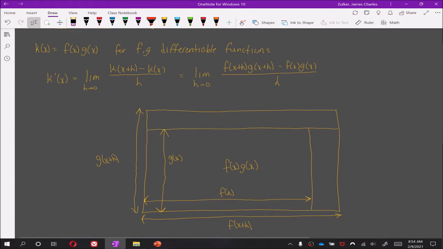Well, that would be f of x plus h, the length, times the width. And the width of it would be g of x plus h minus g of x. See that? Now, what about this distance here? Well, that would be g of x plus h times f of x plus h minus f of x.